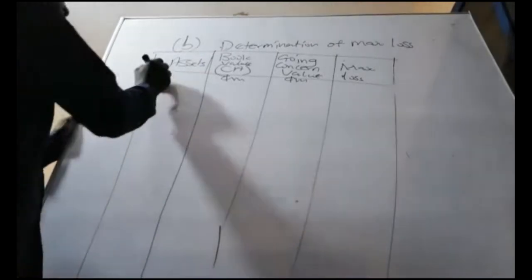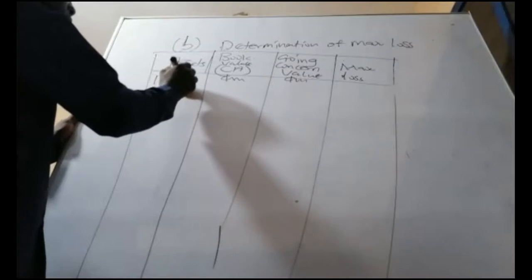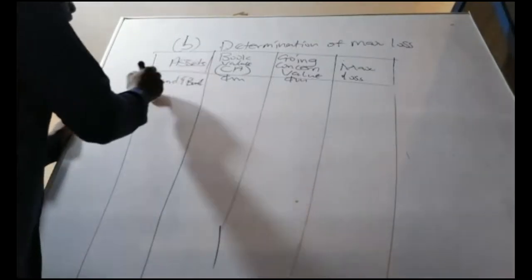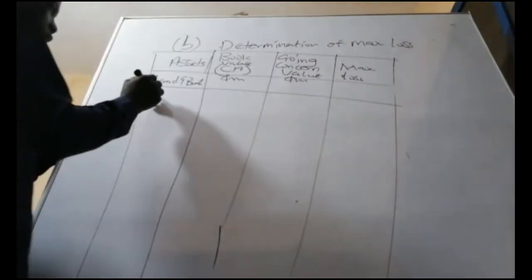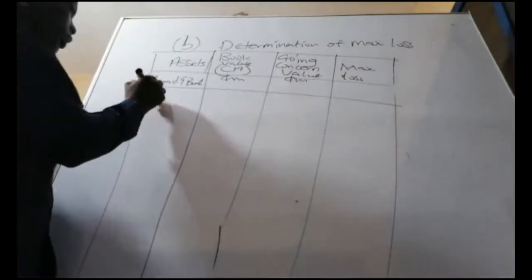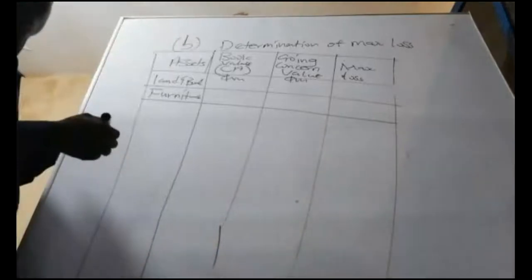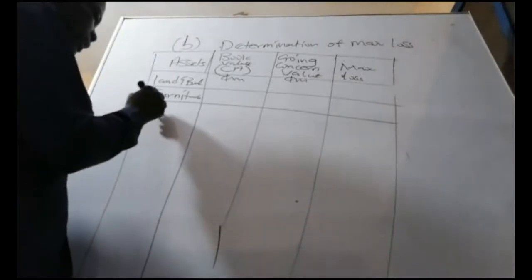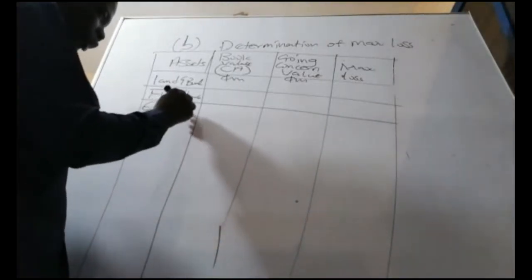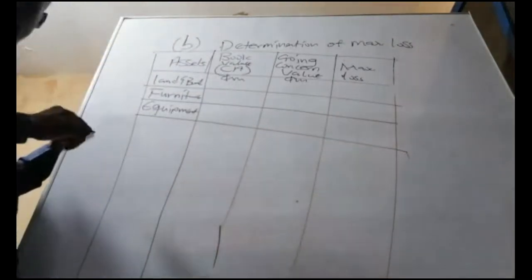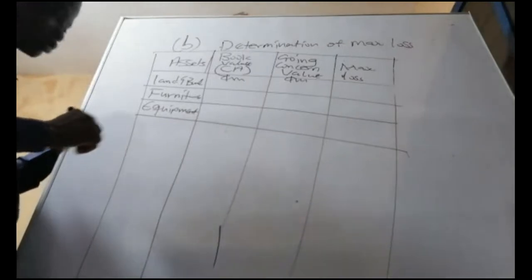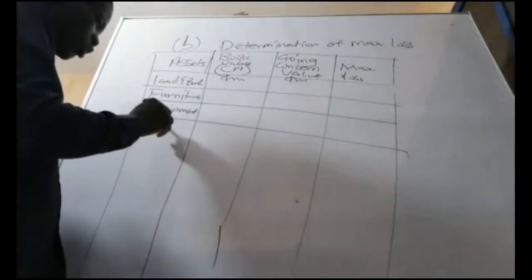Then furniture and fittings. Then equipment. Then motor vehicle.